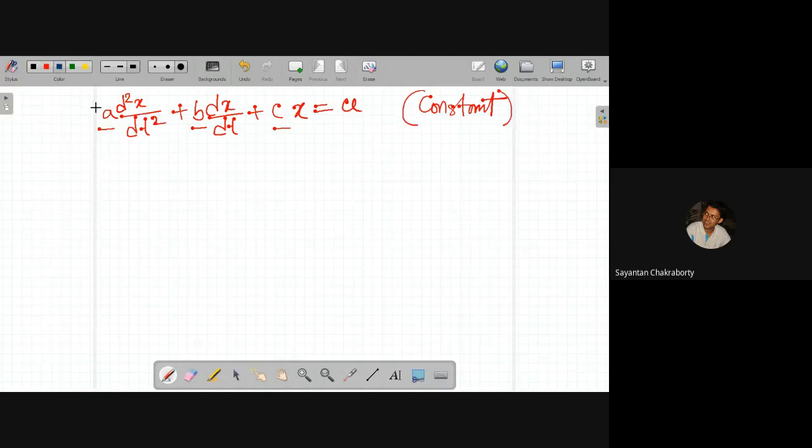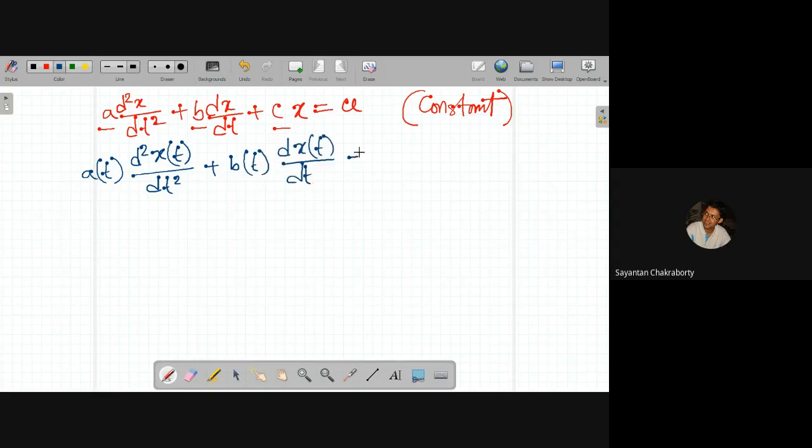Another case may appear where we may have a differential equation. Obviously, it should be noted that these are all functions of time, this x(t). In this case also, these are all functions of time.